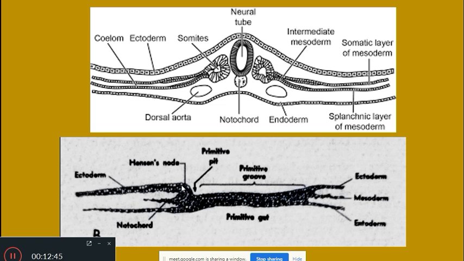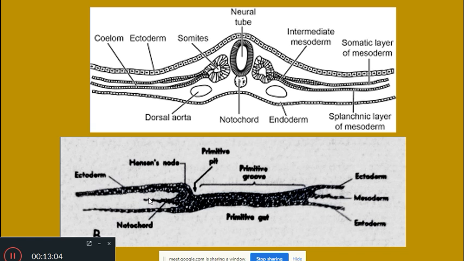From this Hensen's node the notochord starts extending forwards. So we can say notochord arises as a median outgrowth from the undifferentiated cell mass of the Hensen's node.